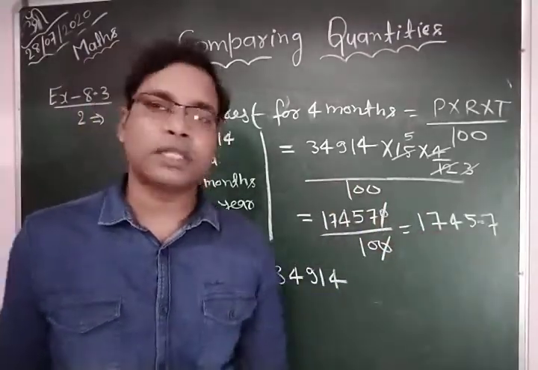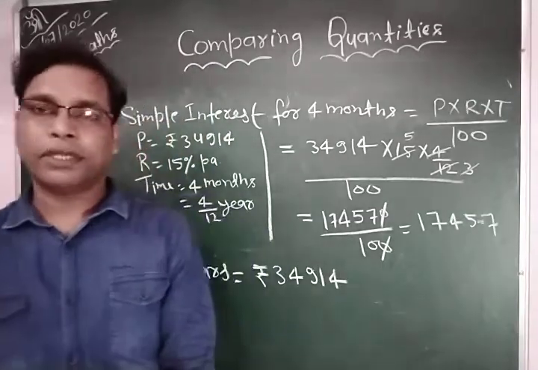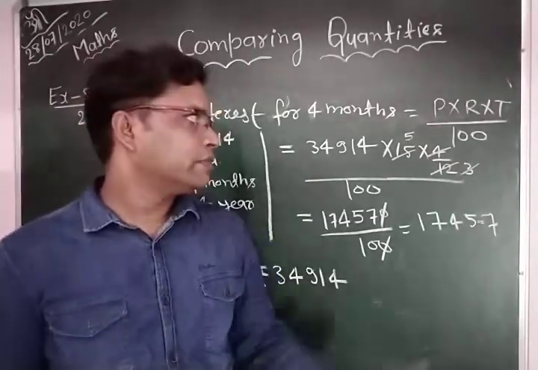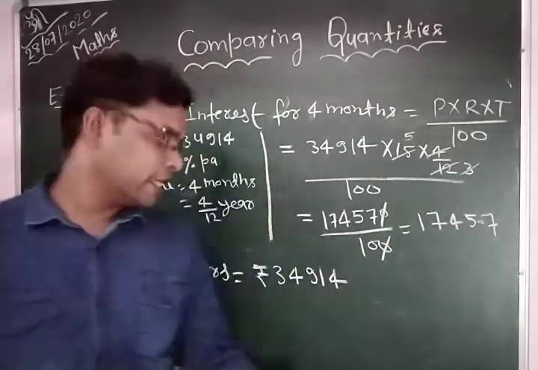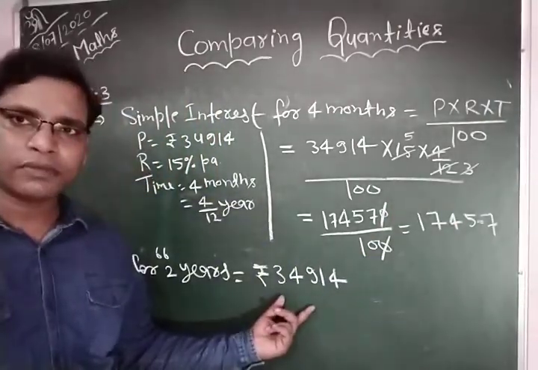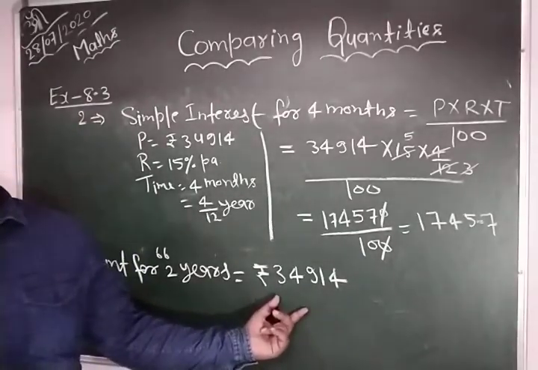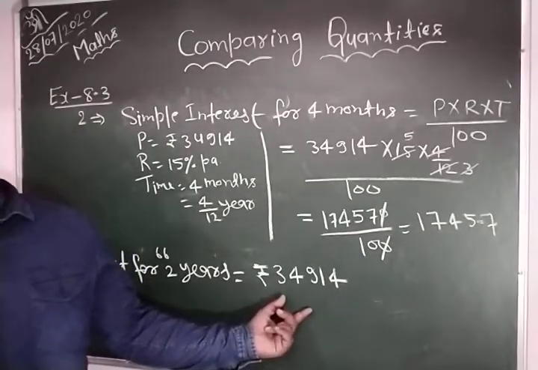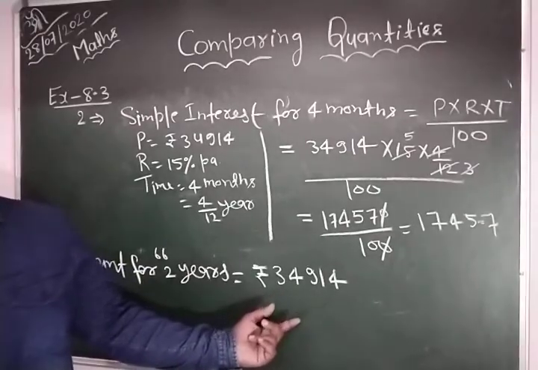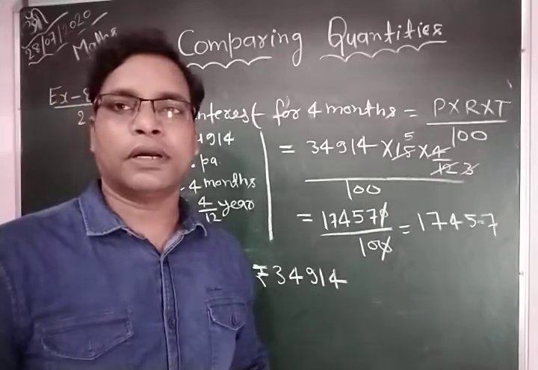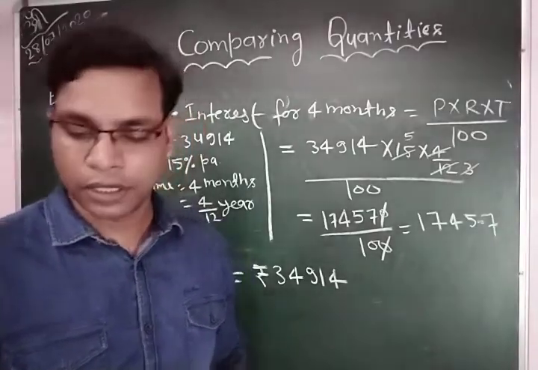This is 1745.7 rupees. This is the simple interest for 4 months. Okay, and this is the amount for 2 years. Clear? Now we find the total amount to pay after 2 years 4 months.